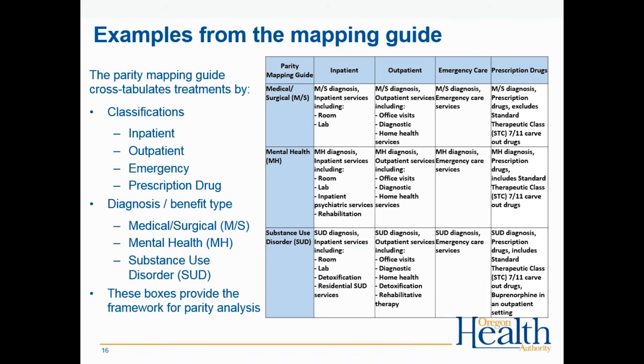So it has some specificity to mental health, but it also can include more generic services and ancillary services as well. And then just to round out the column, we're looking at the same sorts of inpatient services, room, lab, et cetera, but substance use disorder would add things like detoxification and residential SUD services. And then the same would apply as you run down the outpatient and emergency care and prescription drug categories.